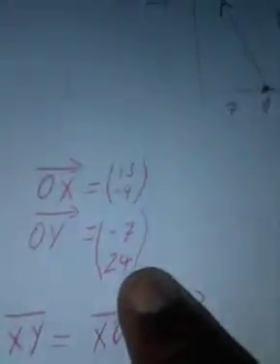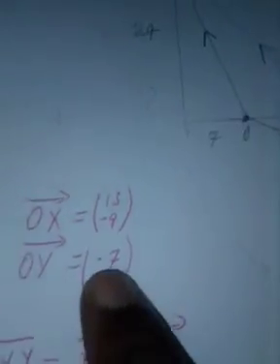Now, remember, I would have showed you that a positive Y means that I'm going up. A negative Y means I'm going down. A positive X means I'm going to the right, and a negative X means I'm going to the left. That's all you remember for that. So now it says here, express XY as a column vector.